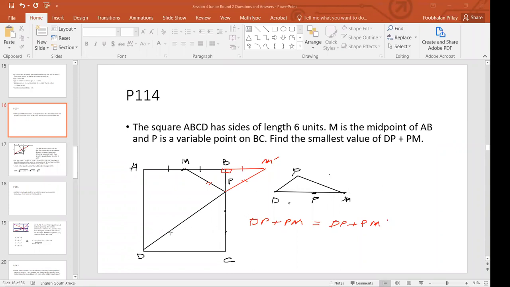Because dP plus PM prime, so you will need to have P lie on this red line, but it also is constrained to lie on this line. So this is the point that we're looking for.